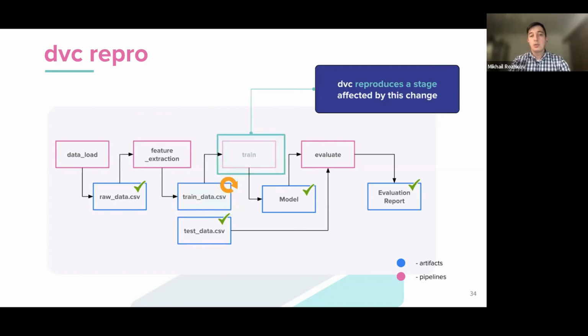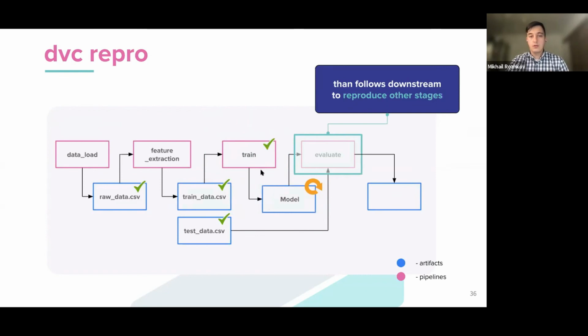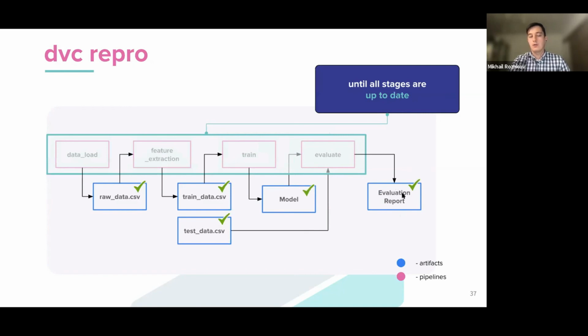It means that it will try to reproduce the train stage. Before it reruns the train stage, it will first delete the model file that actually is the output of the train. After that, it reruns the train, gets the new model, and then it checks that the model is a dependency for the evaluate stage, and it first deletes the output of the evaluate stage, then runs it and gets the evaluation report.